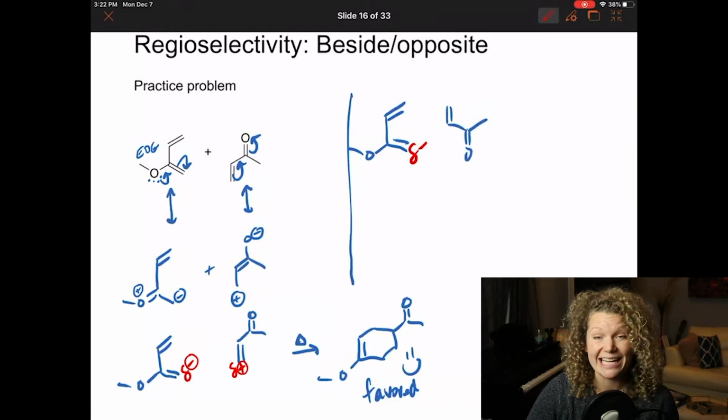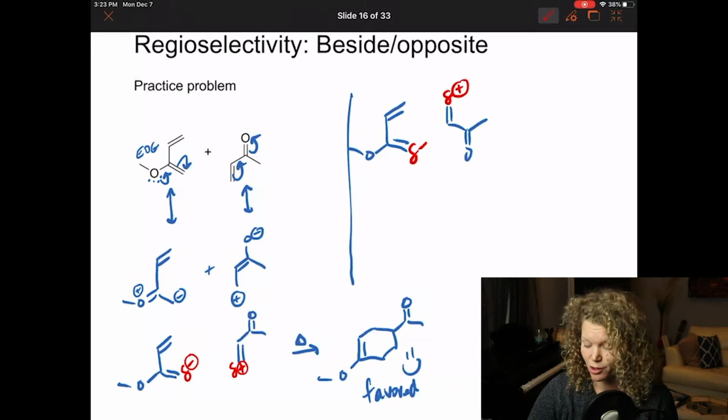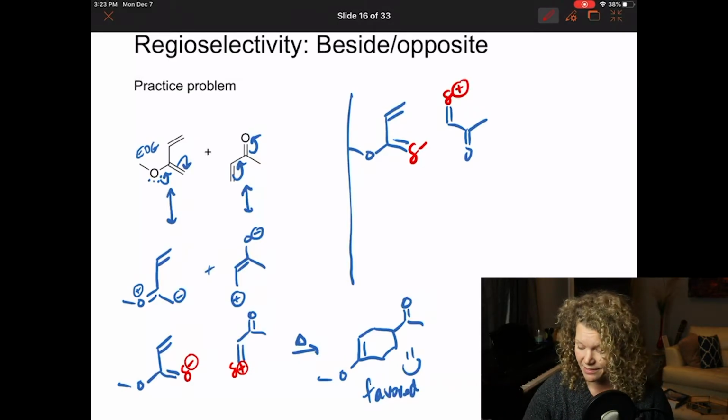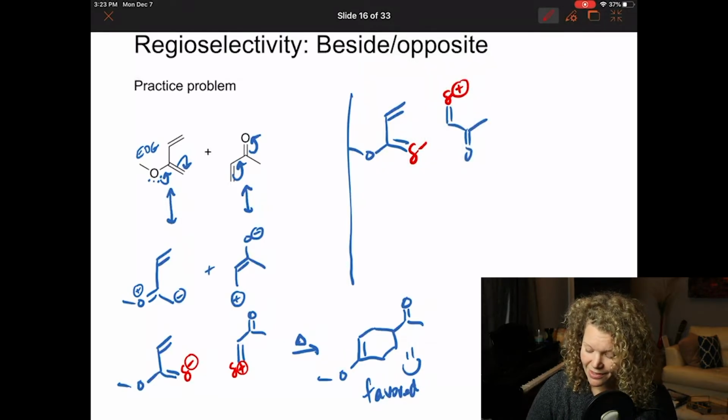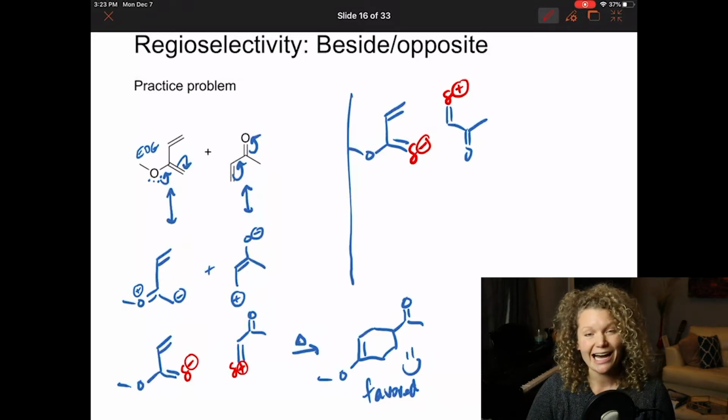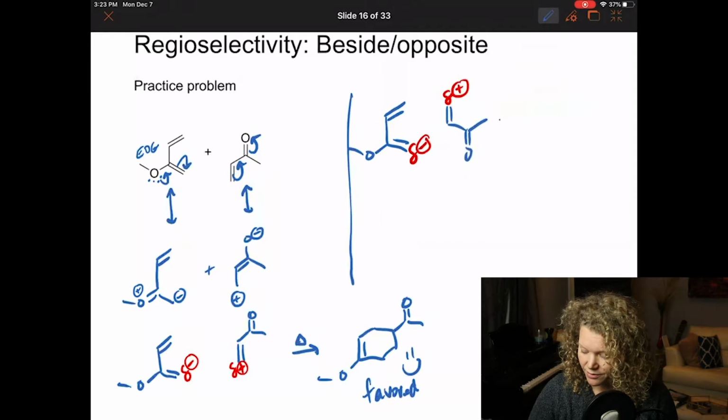We know that our dienophile has the partial positive charge on this end carbon based on resonance. Notice here that this partial positive and our partial negative are not interacting in this scenario. This scenario is disfavored.